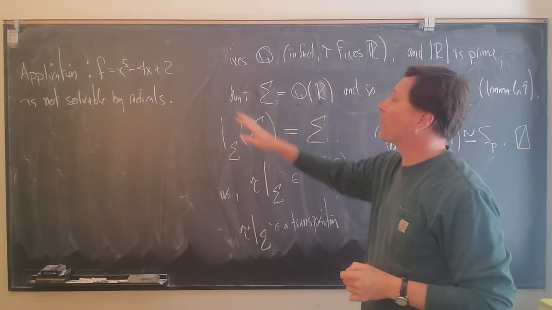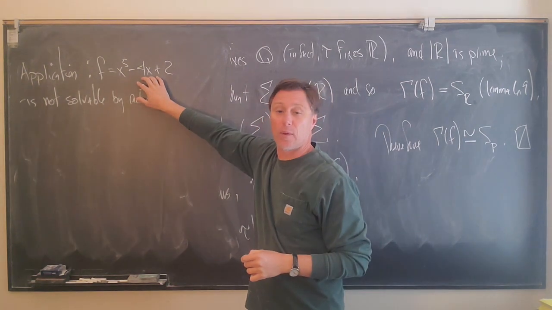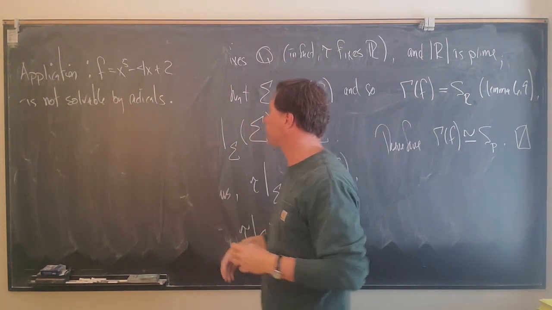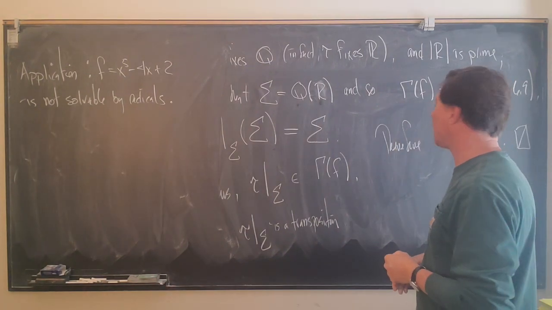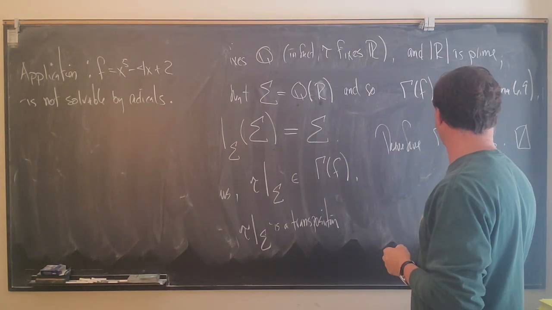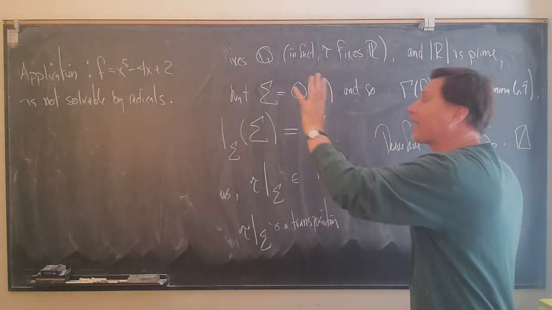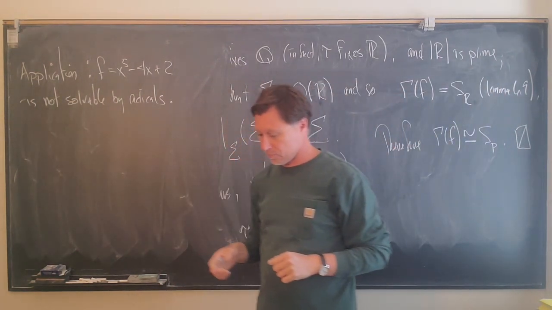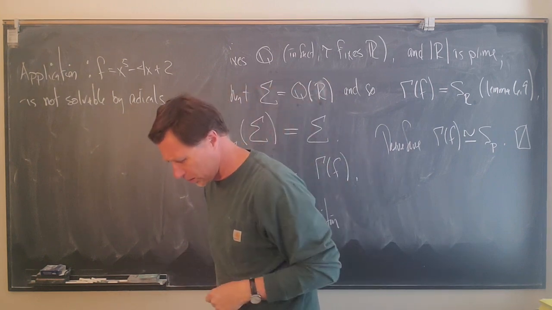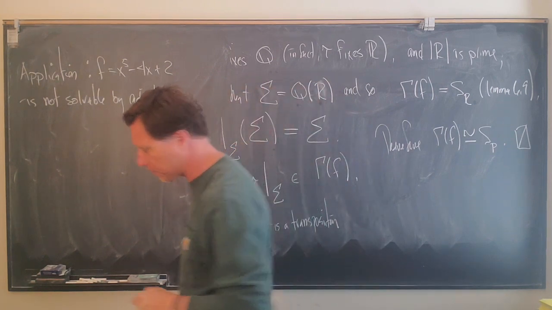Let's check out the nature of the roots of this polynomial, and if they fit the conditions of our previous theorem, then we'll be able to conclude that our Galois group is isomorphic to S sub 5. Well, I don't know why I'm spoiling the punchline here. So here we go.